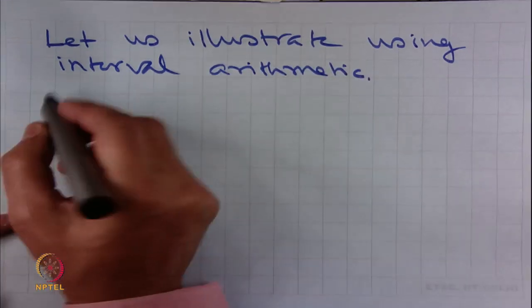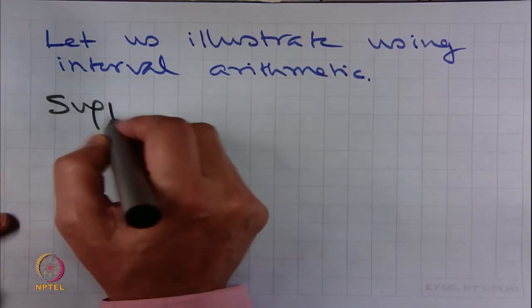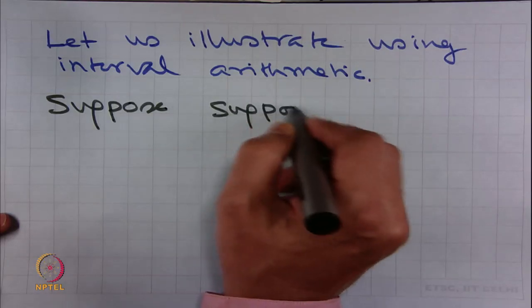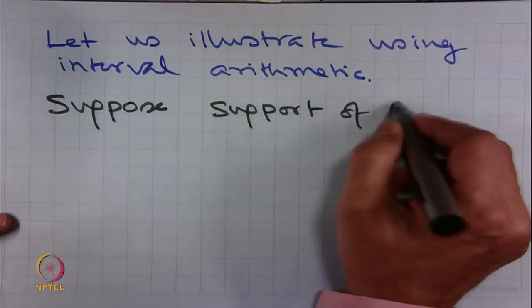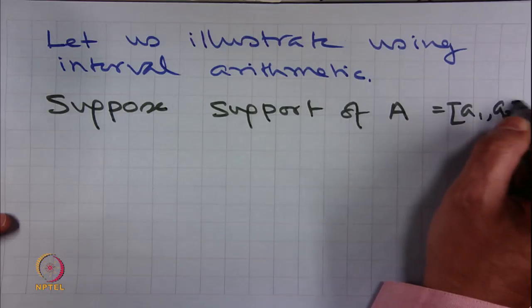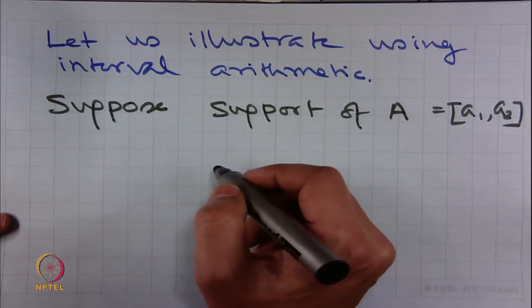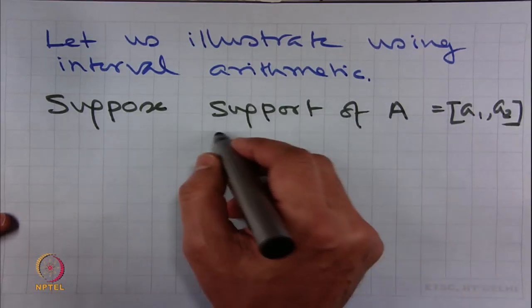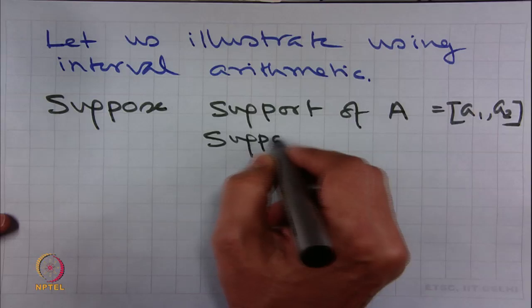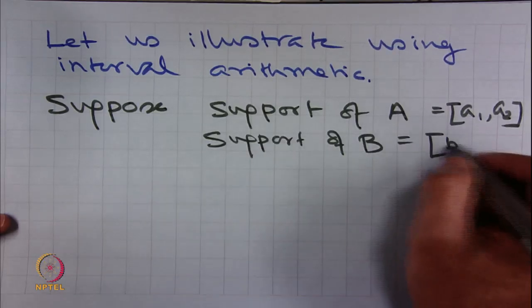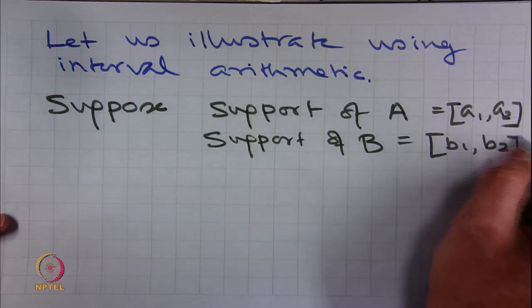Suppose support of A is equal to A1, A2. It is the closed interval on which set A is defined, and support of B, B1 comma B2.